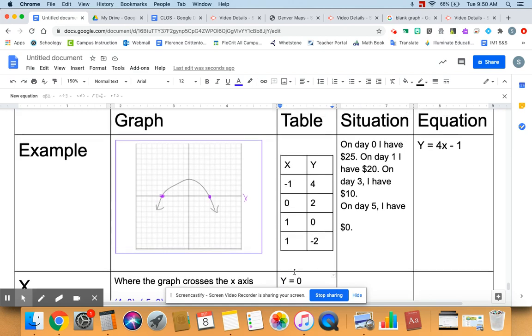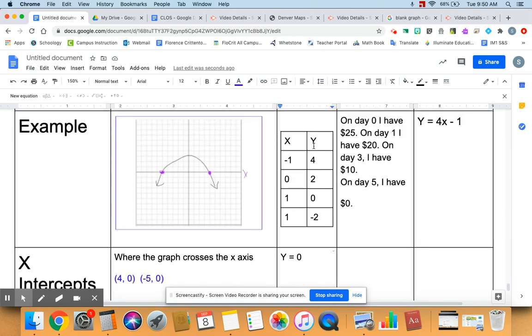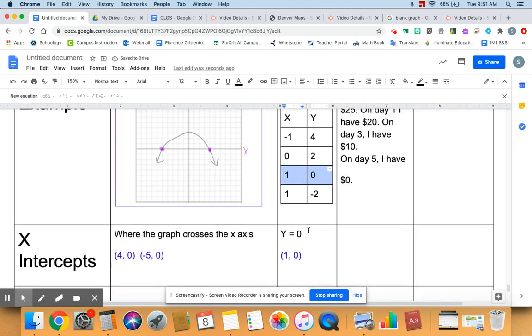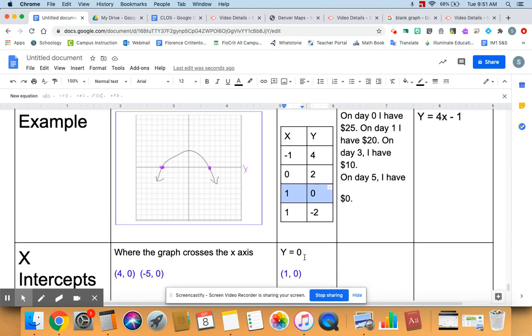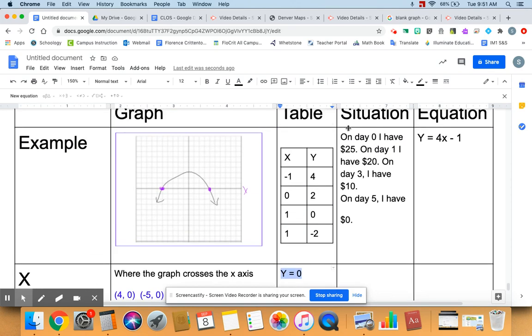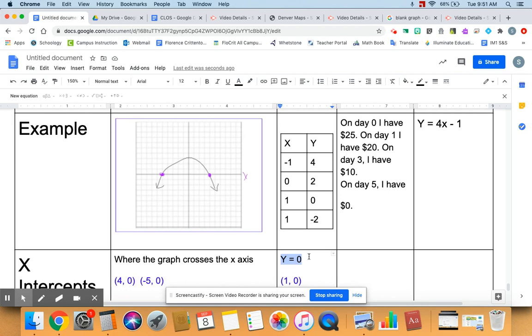So we can use that in a table, for example. So when we look in the y column and find where y is 0, it's right here. And this is the type of table where the point goes side by side. So for this one, my x-intercept would be 1, 0. So if we move to our situation, if y is 0, y in a situation is our dependent variable, or our amount.